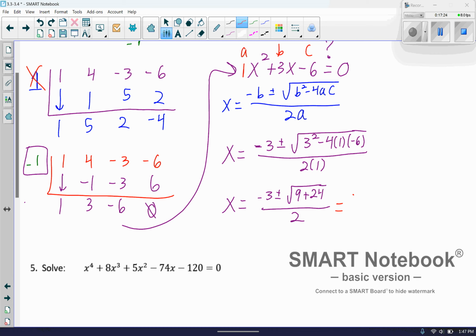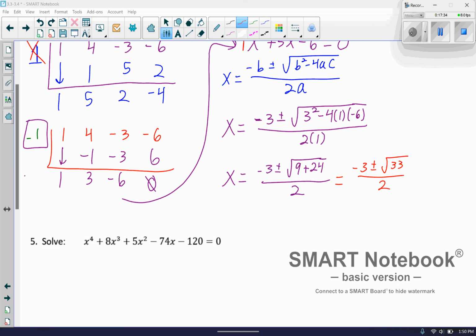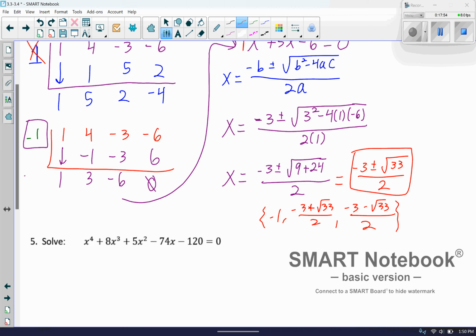Then we're going to end up with negative 3 plus or minus the square root of 33 all over 2. All right, so the solution set here is going to be negative 1, and then this is really two solutions right here. So negative 3 plus the square root of 33 over 2, and also negative 3 minus the square root of 33 over 2. So those are my three solutions for that.